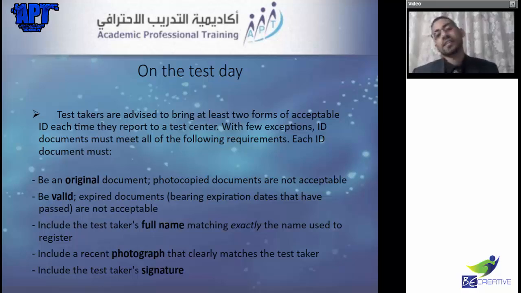Photocopied documents are not accepted, as it's written. Be valid, as I said; don't use something that has expired. Write your full name exactly as you used to register. Include recent photographs and the signature.